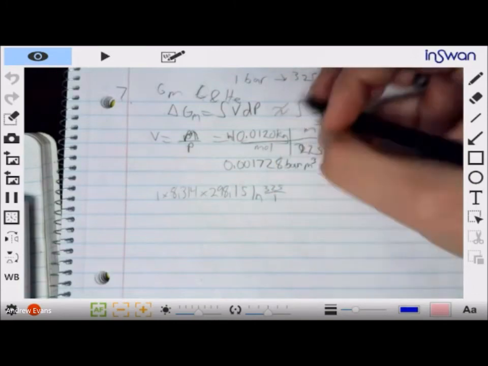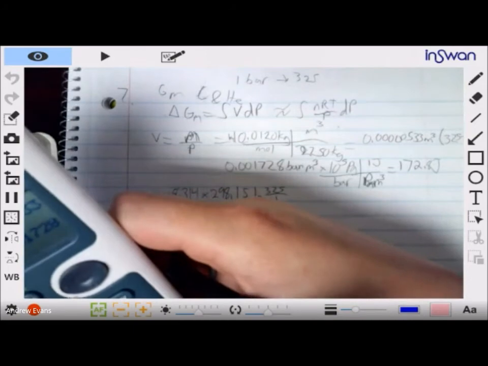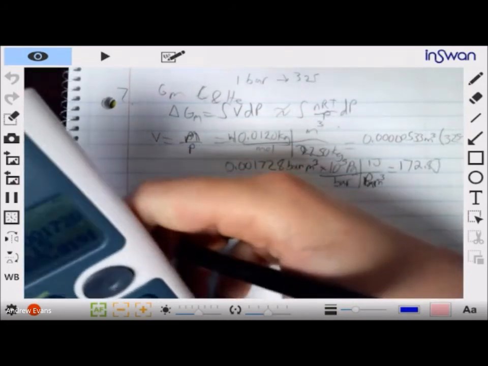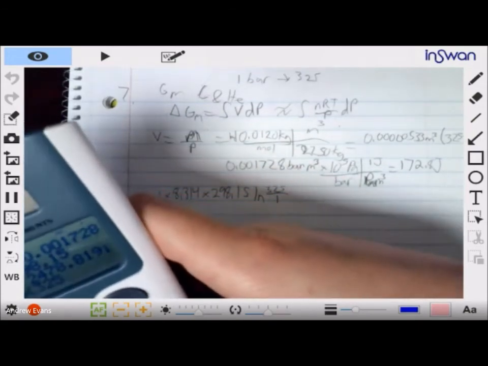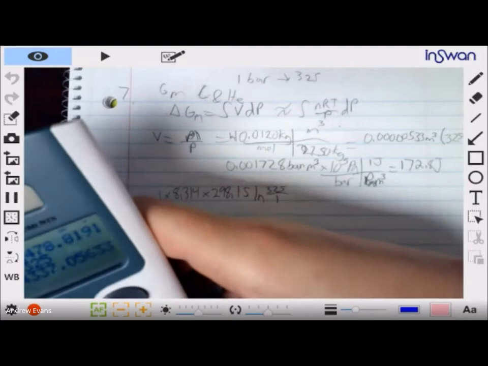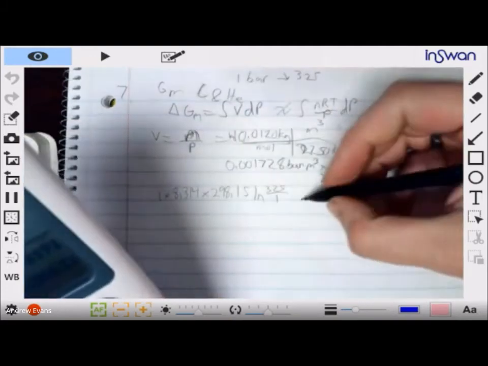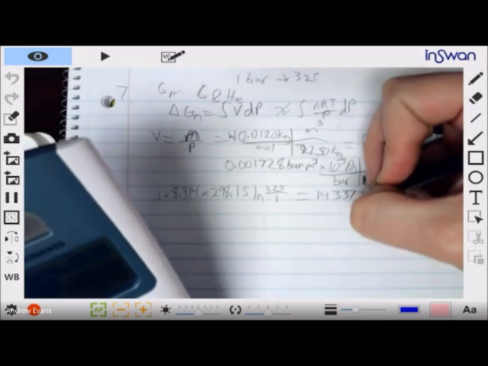The bar over bar cancels out, and you get something like 14337 joules.